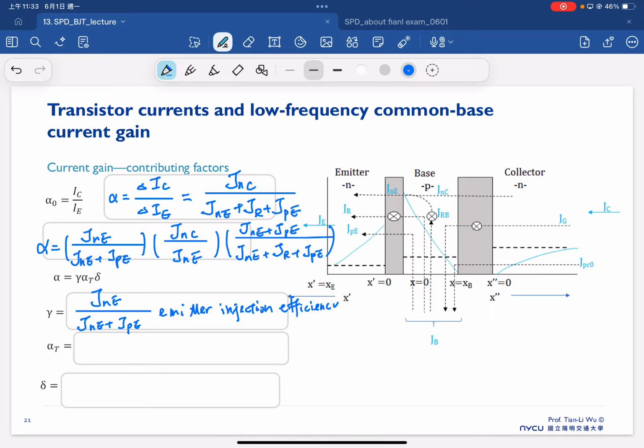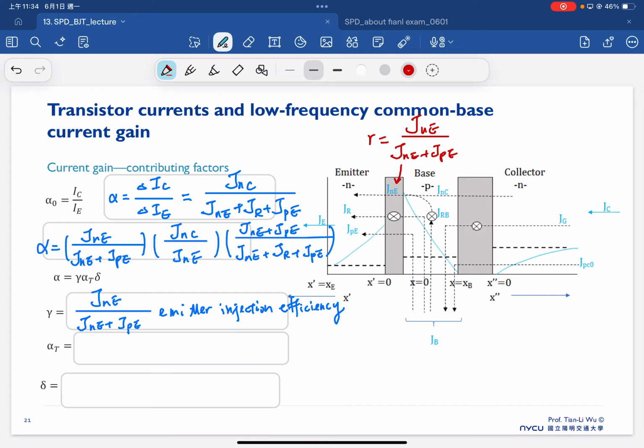We are interested in gamma equal to the amount of electrons that can reach, over the total, which is electrons plus the holes.